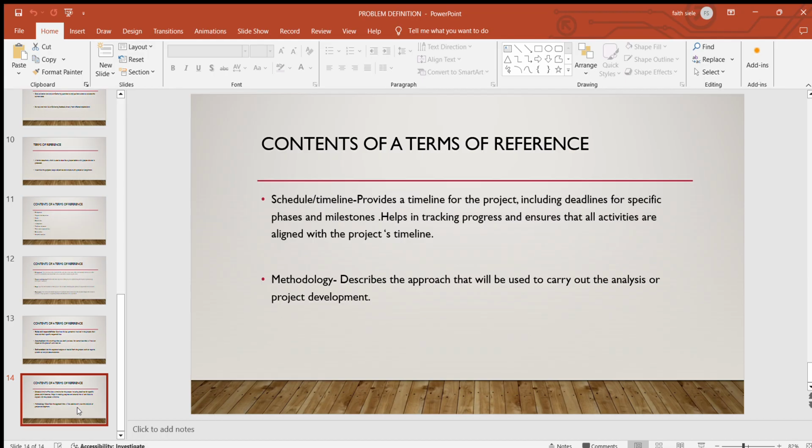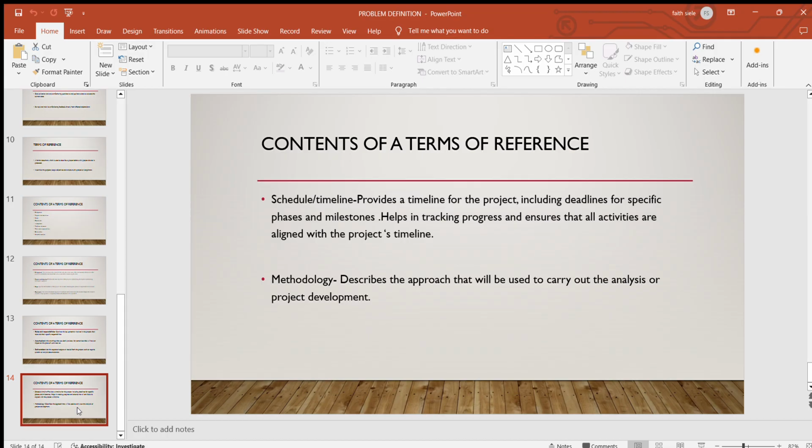The problem statement should be clear and very specific, highlighting the key indicators and even challenges which are faced by the system or organization.